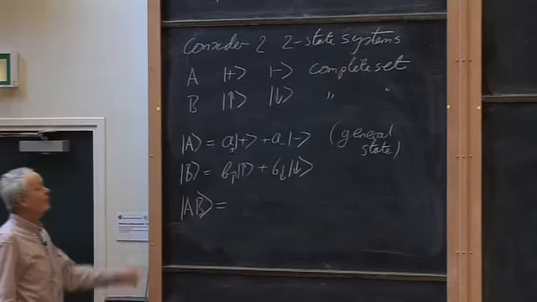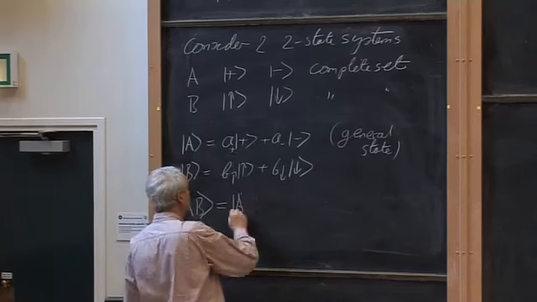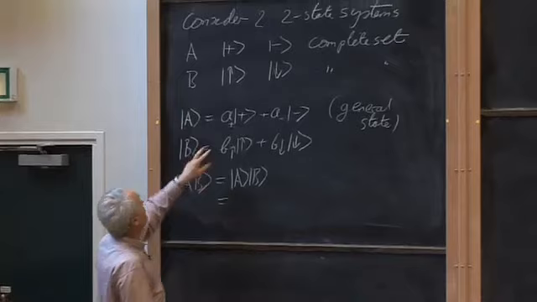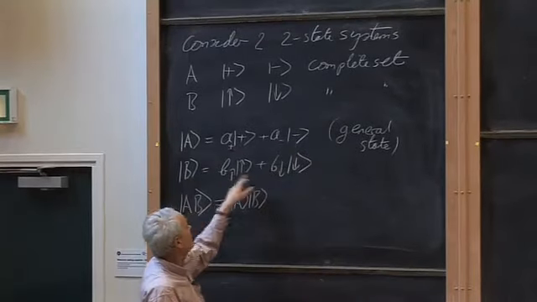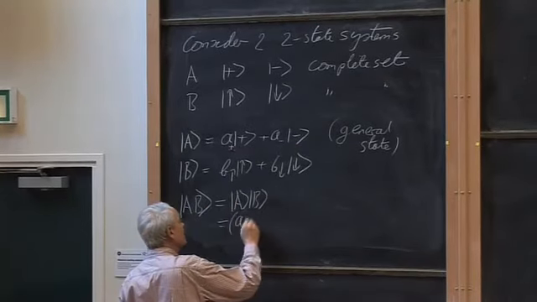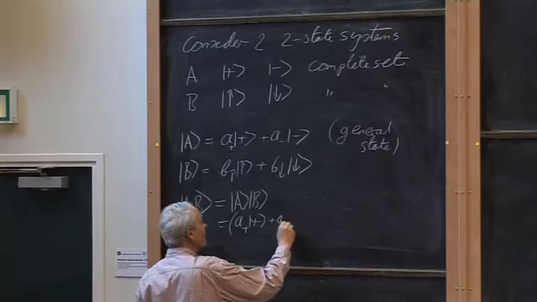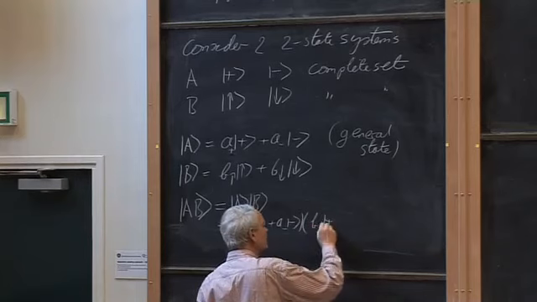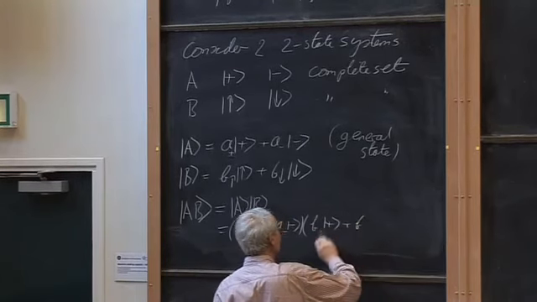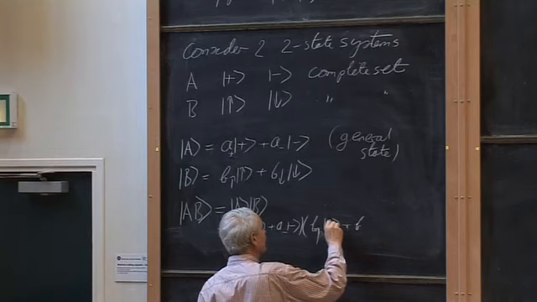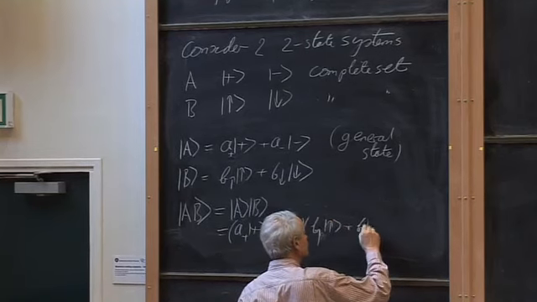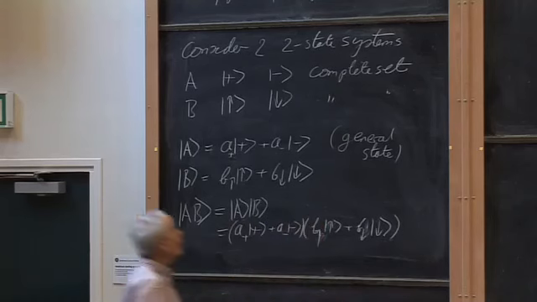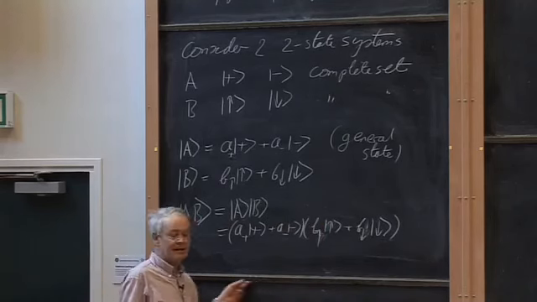The state of AB that we get is going to be this thing bracketed into this thing: A plus |plus> plus A minus |minus>, times B up |up> plus B down |down>. Oops, sorry, this has the up and the down states. And when you multiply this out, you get a disgusting mess, right?